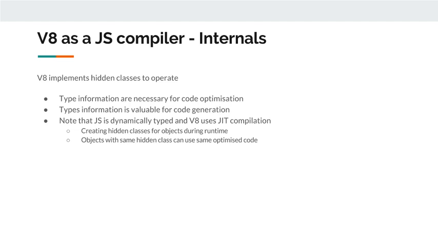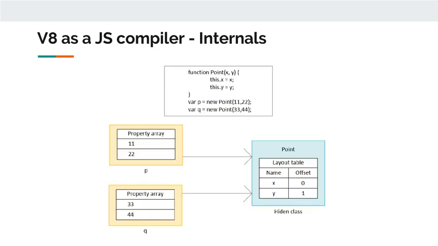If I cannot decide, okay, this is an integer multiplication, I won't be able to apply the optimization rules we previously had in the other slide. So by using this technique, V8 creates hidden classes for objects during runtime. Objects with the same hidden class can use the same optimized code.